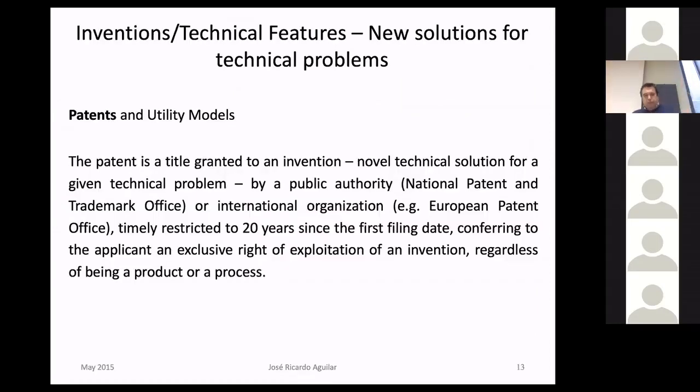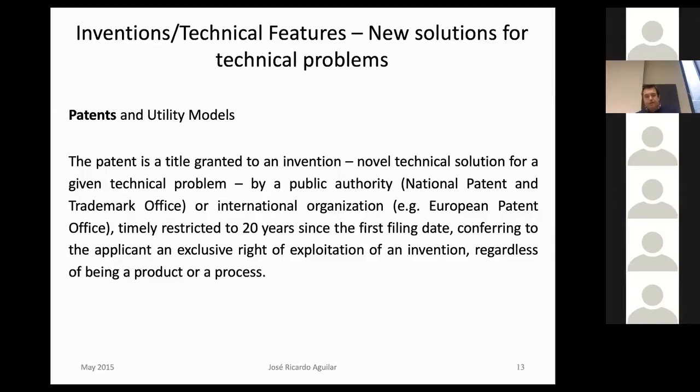So, first of all, thinking about patents, a patent is a title granted to an invention, as I told you, a novel technical solution for a given technical problem, which is granted by a public authority, a National Patent and Trademark Office, or international organization, for instance, the very famous and important European Patent Office, with a time span of 20 years since the first filing date.